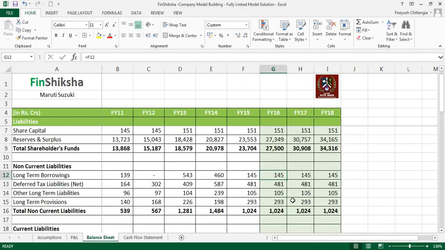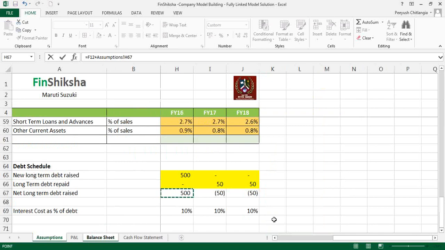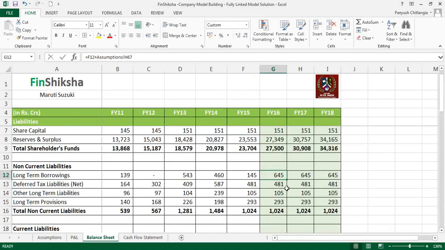Now my net non-current liabilities or long-term debt has to be 145 plus my assumption sheet 500, the net change. So that gives me the net change number, and I can then drag and drop this on the right side. You see, it raises 500 crore here and then repays 50 and repays 50 here. So these are the changes that come in.